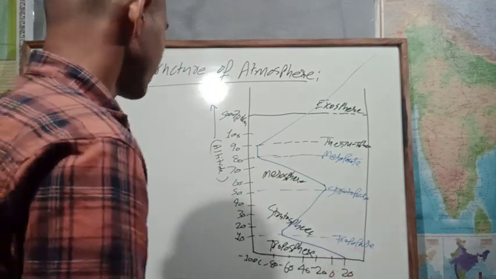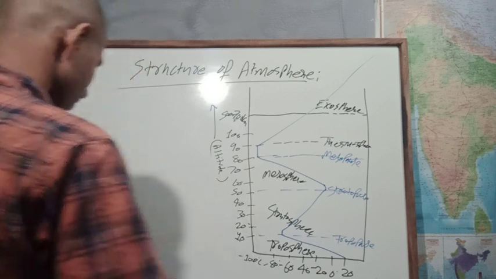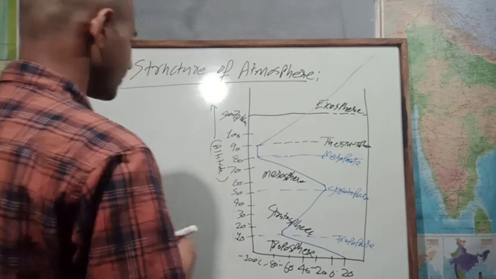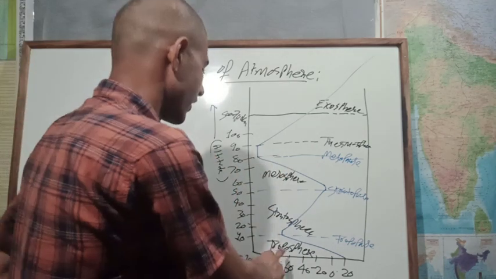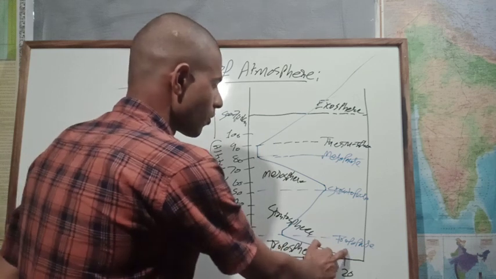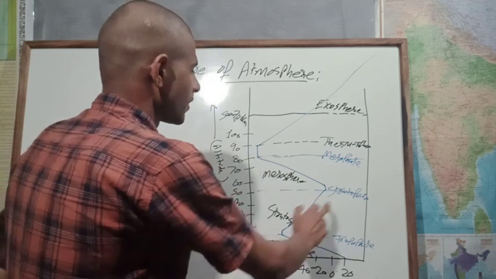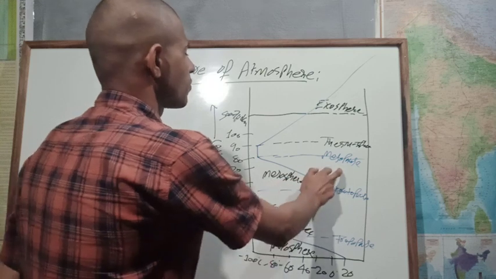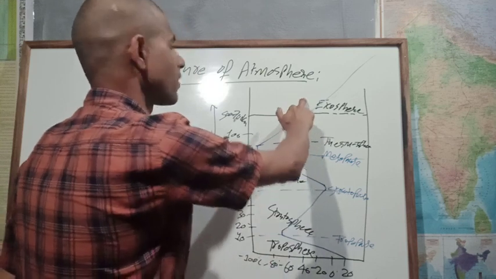Now look, guys, pay attention here. This is troposphere and this is tropopause, then stratosphere, stratopause, mesosphere, mesopause, thermosphere, then we have exosphere. I'm going to discuss each one of them.